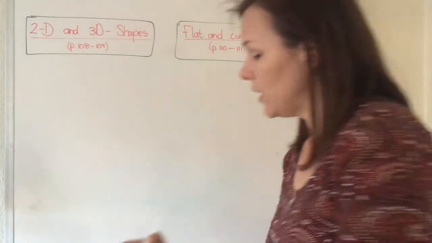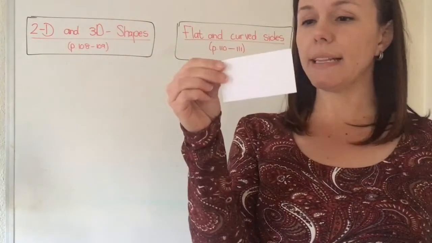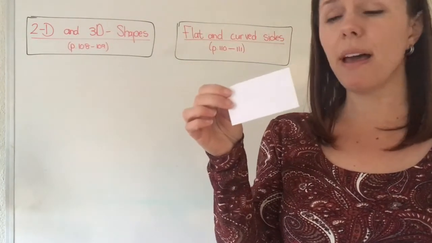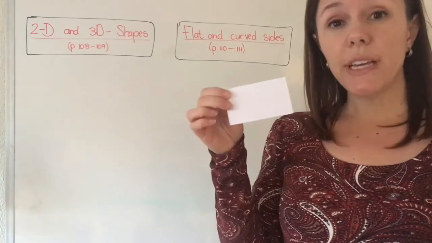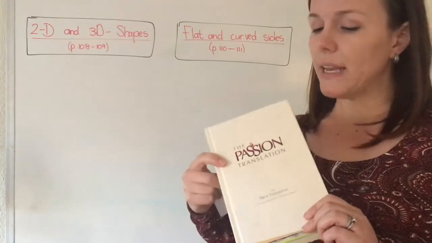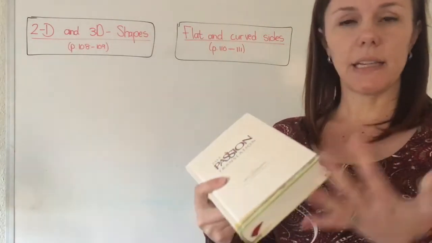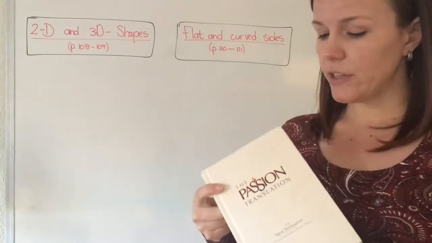So if we look at this one, for example, this is a rectangle that I cut from paper. So this is a 2D shape, whereas this Bible is a 3D shape because it's not flat like a paper. It takes up space. It's a 3D shape.